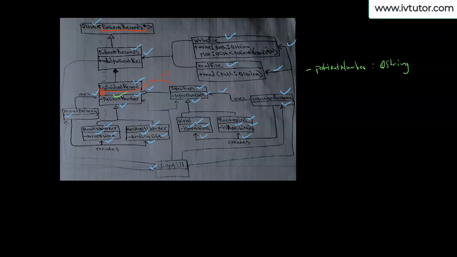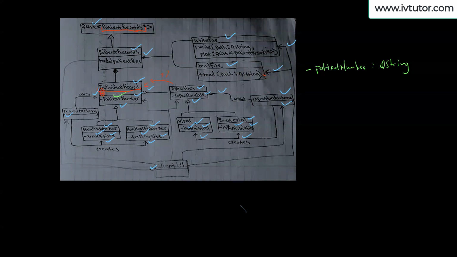Then in terms of your serialization, here we do need the functions always, because we need to see what your read function is doing and what your write function is doing. I think we spoke about these two in detail in our previous lesson, but your read function should return the thing that it's creating. So your read function here takes a path, which is where to read, but it should also return what it's reading, because it should create the patient records.